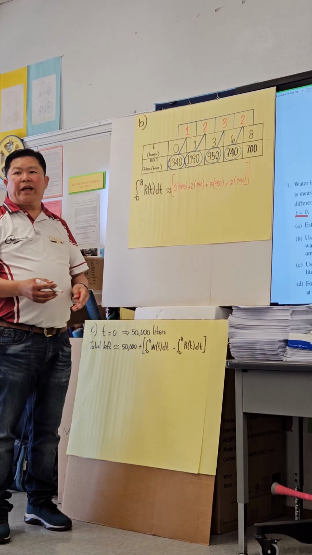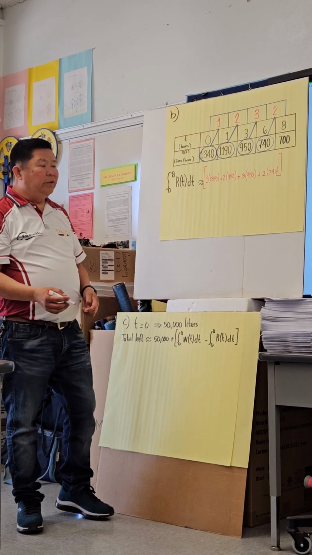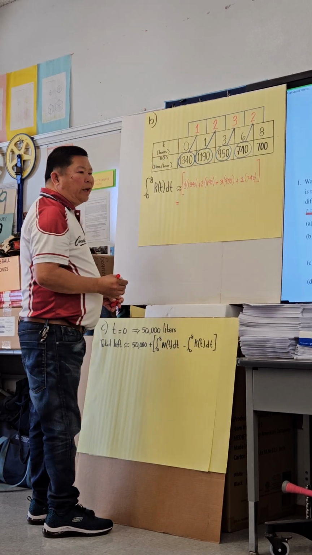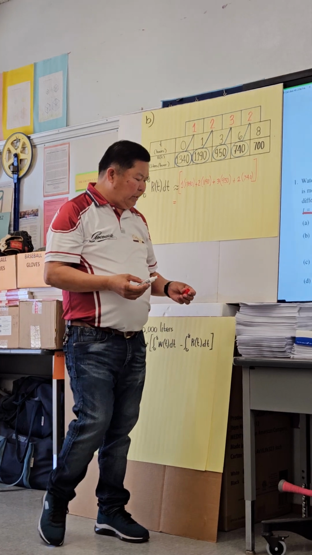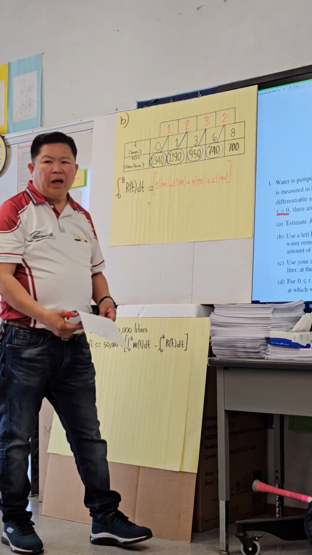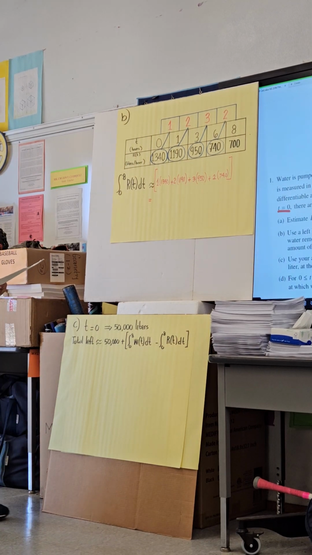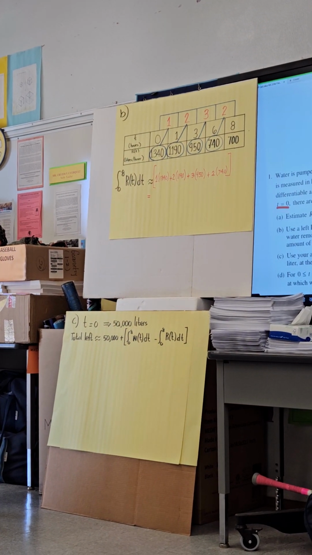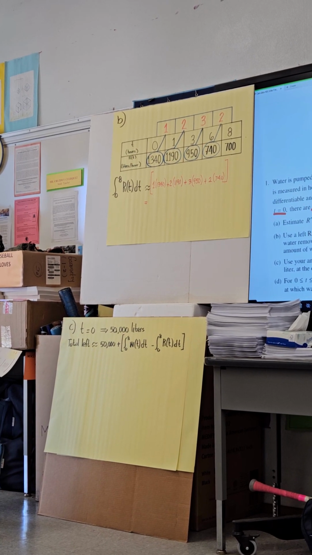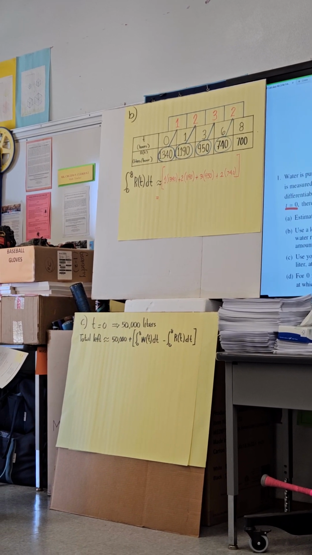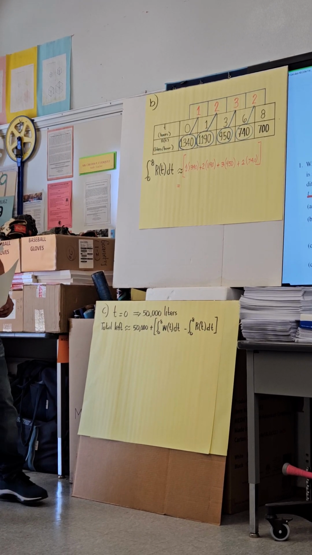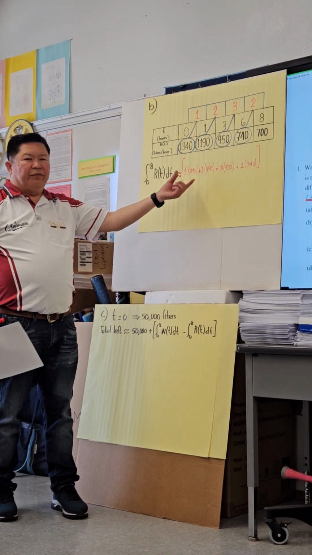And since, as I said, this is calculator active, so I just want you to give me the final answer now. Anybody has it? How many liters? You don't have to take the product of this anymore.